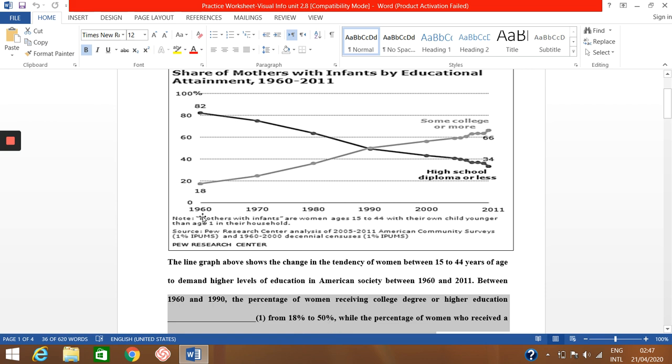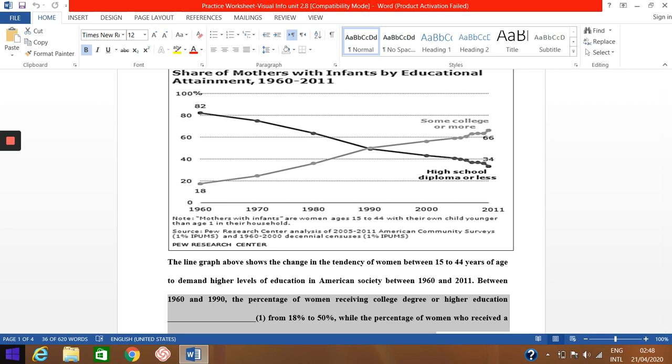That means if you want to use a verb which shows this trend, it should be a verb like increase or grow or rise. And someone may think about using S, like saying grows, increases, rises, and so on.